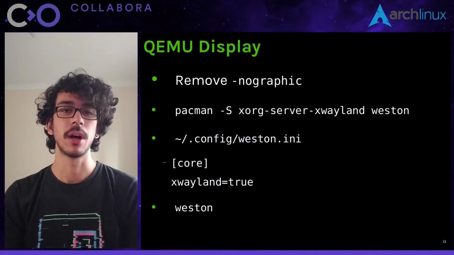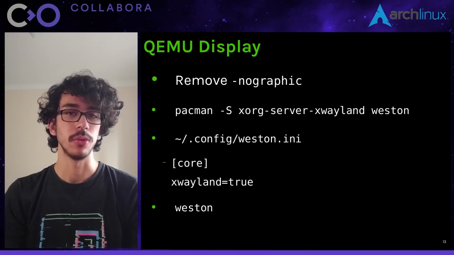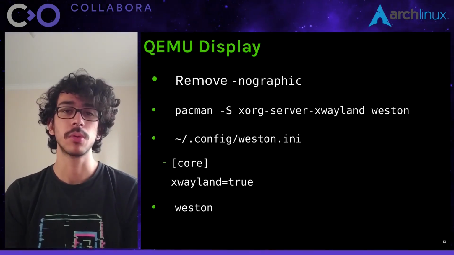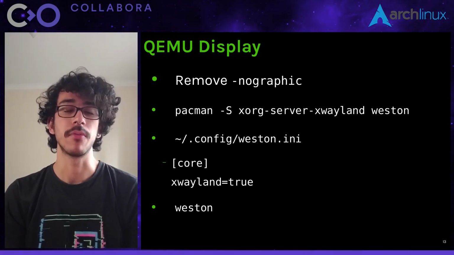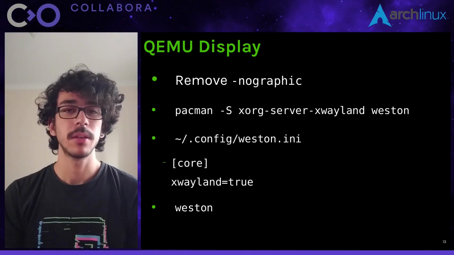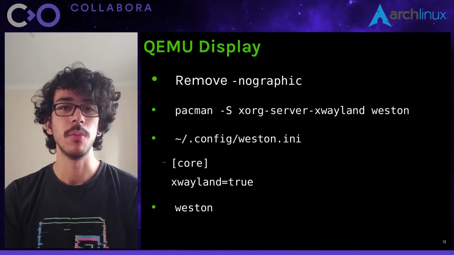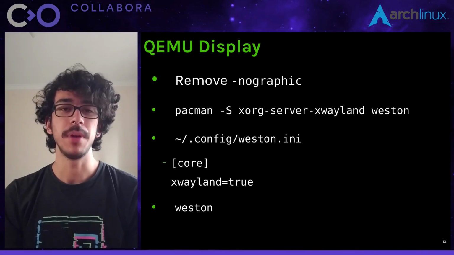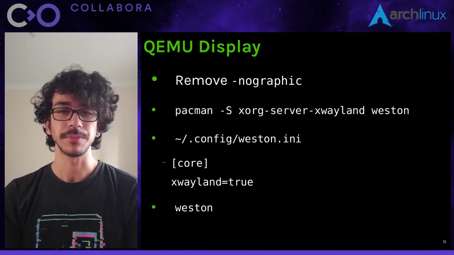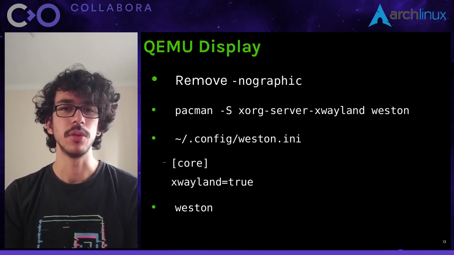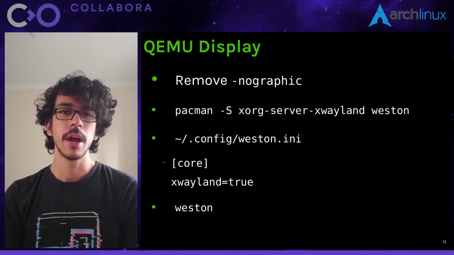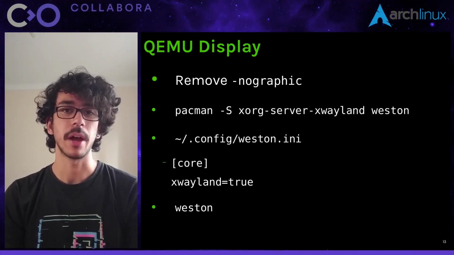And now, if you want a more complete graphical solution, you can run a whole compositor inside your virtual machine. For that, the first thing you do is remove the no graphic option from the QEMU flags. And then after that, you need to install some kind of compositor. Here I'm using Weston because it's very lightweight.